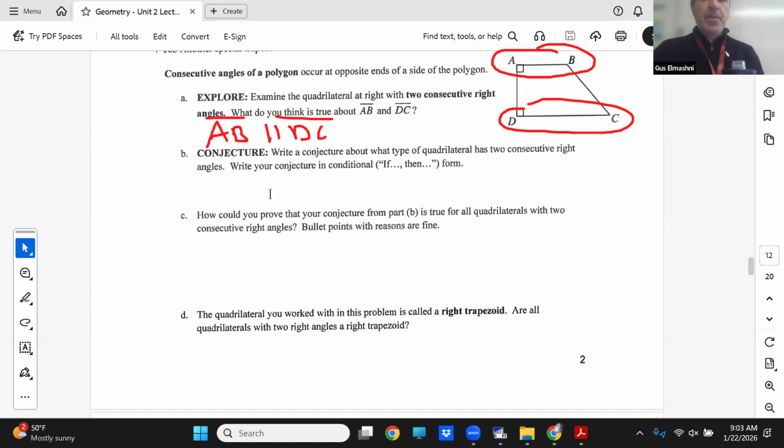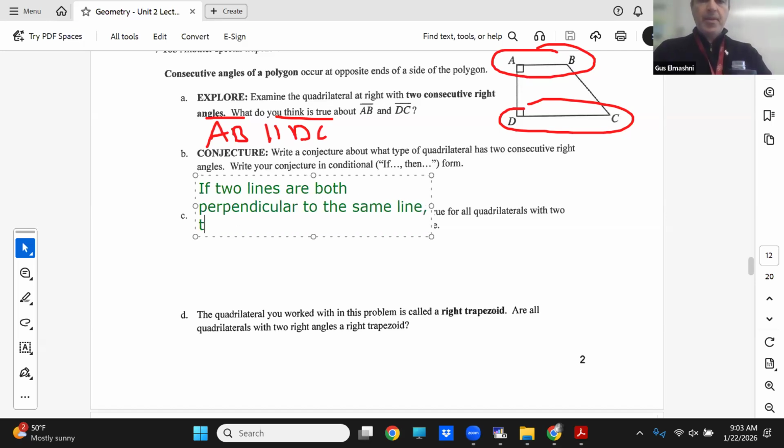So my conjecture would be this. If two lines are both perpendicular to the same line, then those two lines are parallel.